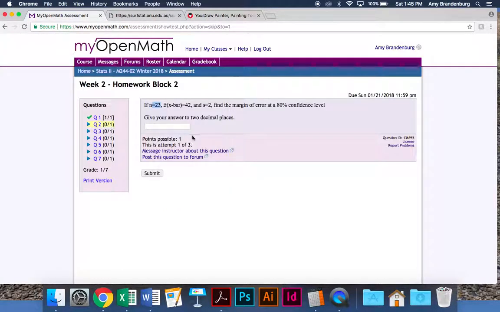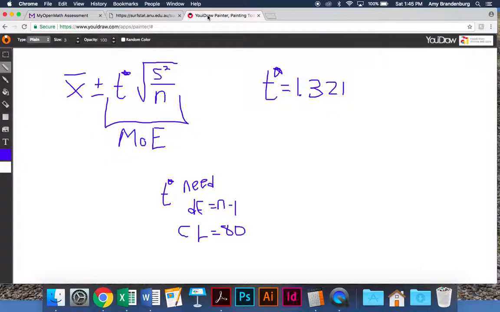And let's see, what else do we need? We need to know our S is 2 and our n is 23.